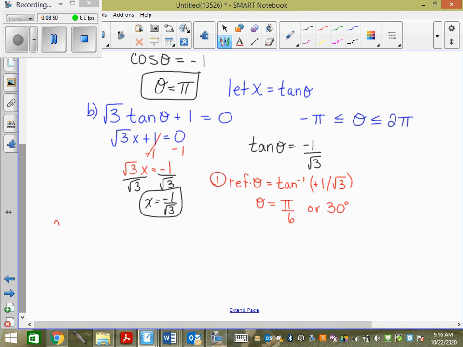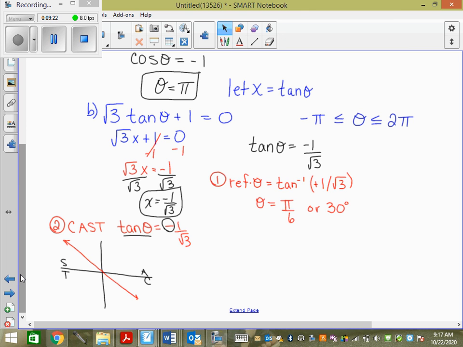Step 2, casserole. This is tan theta equals -1 over root 3. For the casserole, all I care about is the sign and the trig ratio. So I need tan negative. Where's tan negative? In S and C. So it's here and here. Right? And I know my boom, boom, boom, boom.